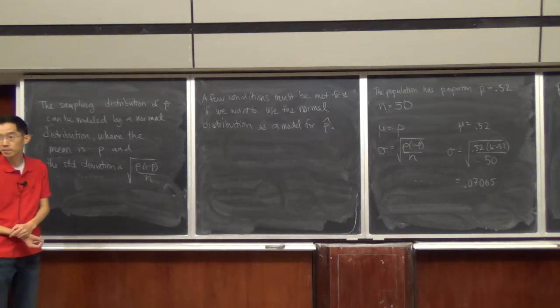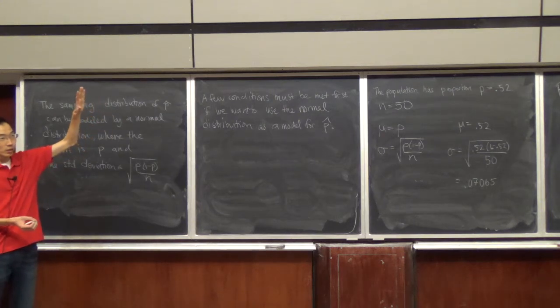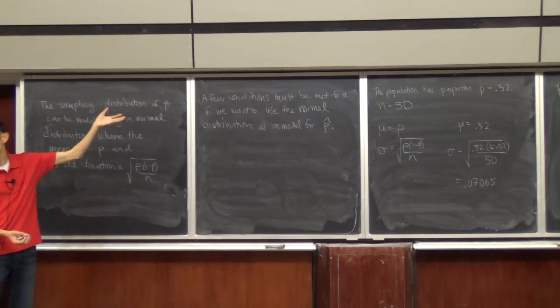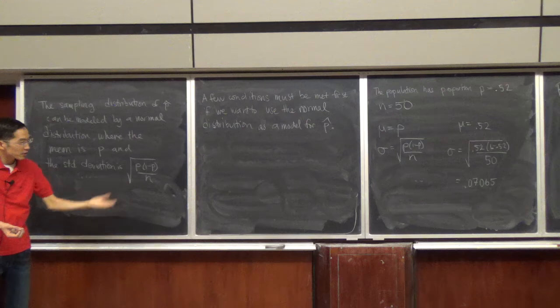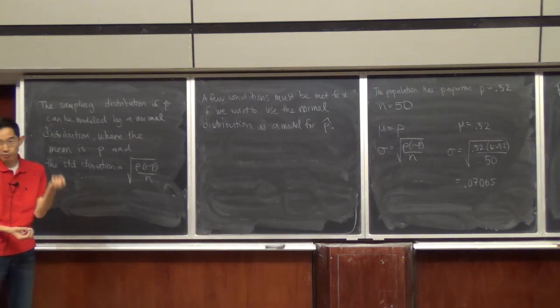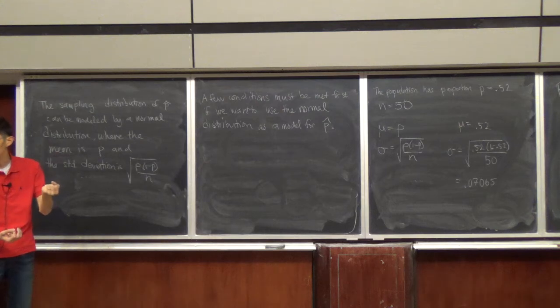One more time. We're talking about the sampling distribution of p hat, which is how often should I get 60% green M&Ms. The real answer to that is actually complicated, a little challenging.